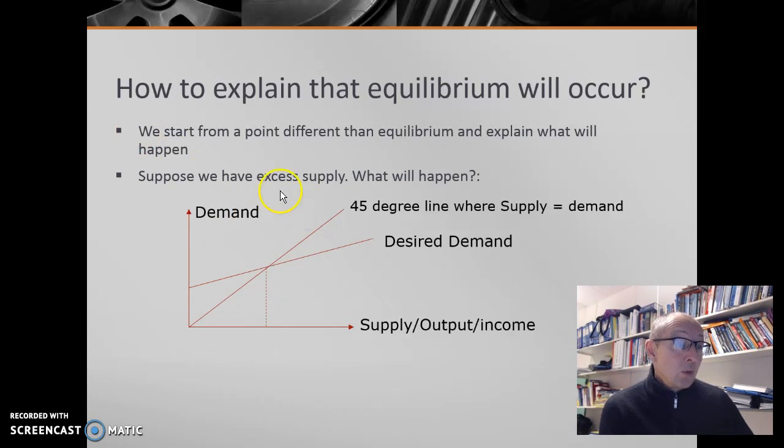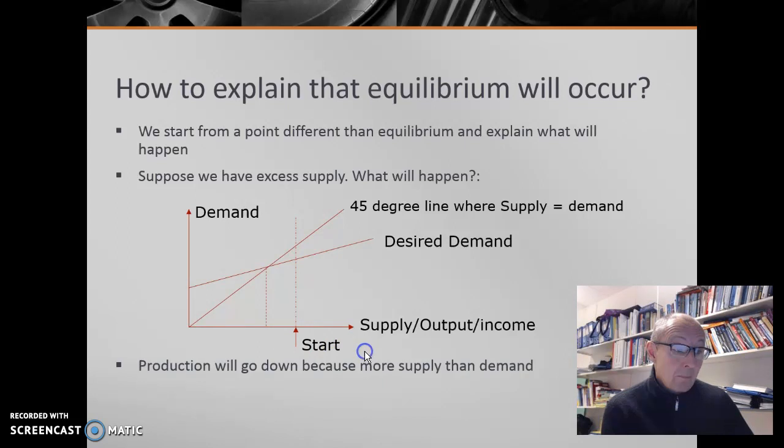So suppose we have excess supply. What will happen? That could be one example. So then we start, we don't say why, we just say, suppose we are here, what will happen? Production will go down because we have more supply than demand. So that's the answer to this question.